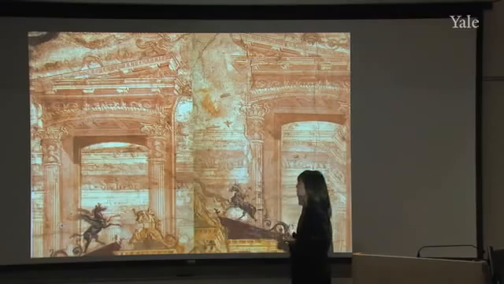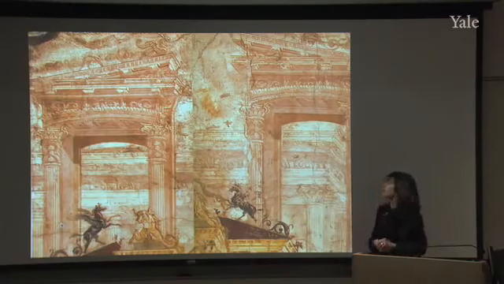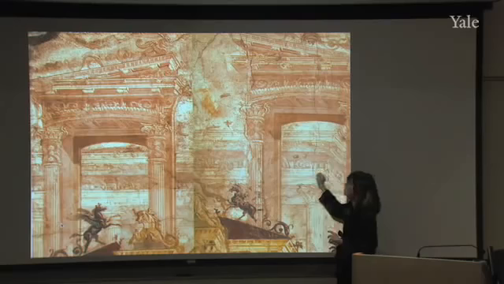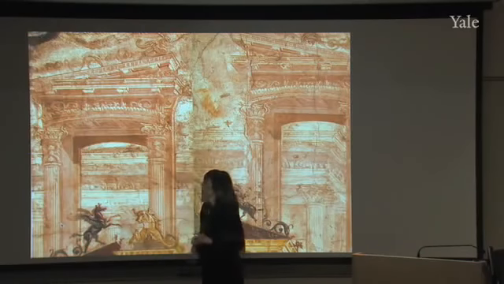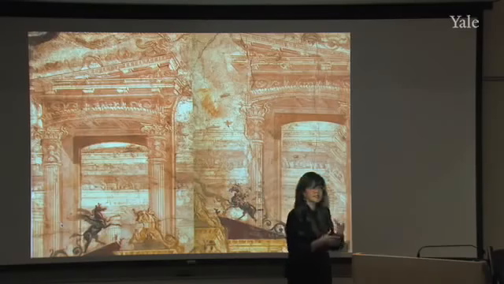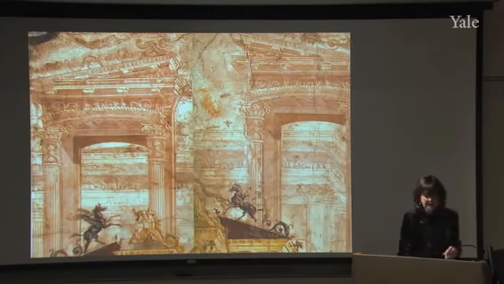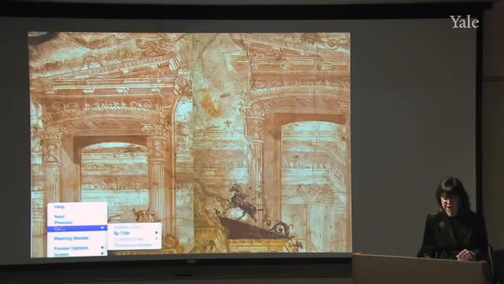If you blow it up, you can see that the details are incredible. You can see the decoration and the friezes, some of the figural decoration, the capitals, and so on and so forth. But it is lost in something of a haze, as you can see here.